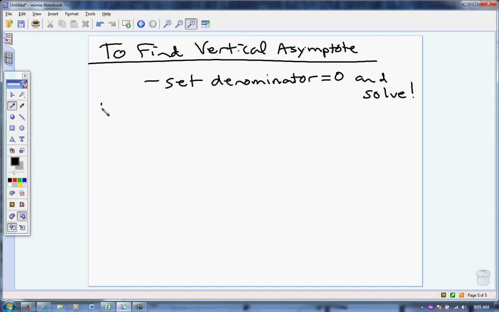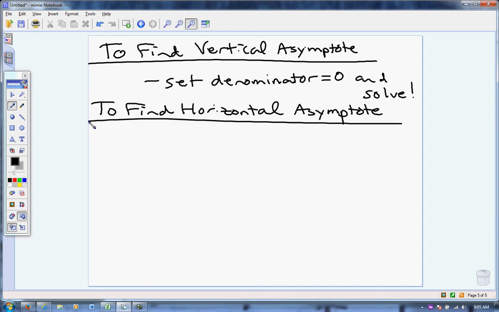But to find the horizontal asymptote, it's a little bit more of a process. If I want to find the horizontal asymptote, I have to look at the powers of the numerator and the denominator. Okay? So, let's write it this way.